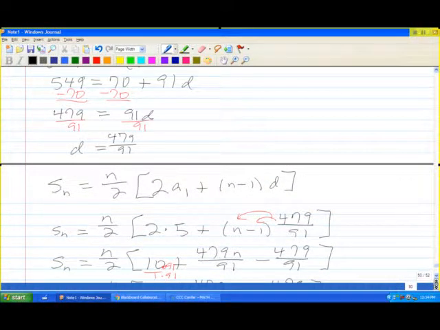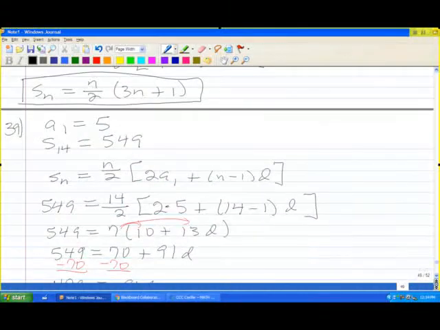Oh, I wonder if my eyes are bad. Of course, my eyes are bad. It was 18, not 14. Oh, I hate you. It was 18. There were 18 terms, not 14 terms.